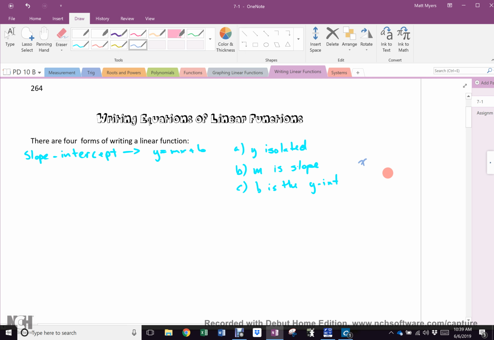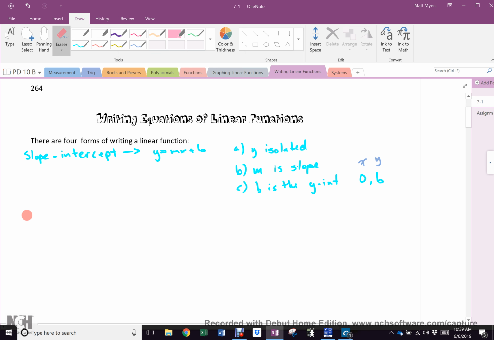It's (0, b), which is an x and a y, which could then go back into this equation. Or into the same equation in what form? Point-slope form. Or general form. Or standard form, because it's an x and a y. Right? Okay. Next form.